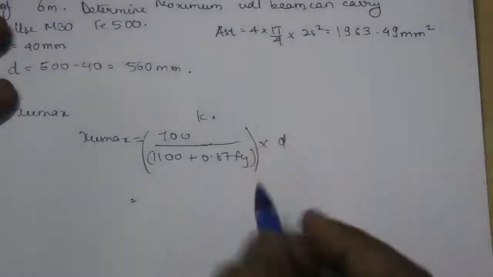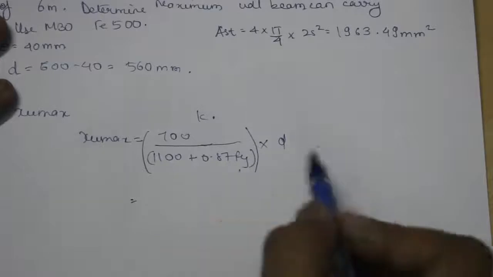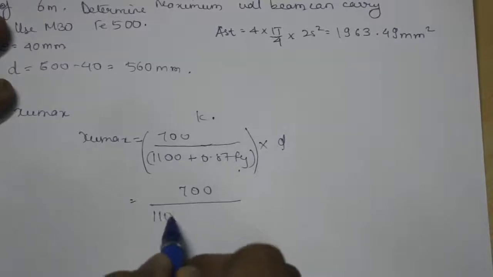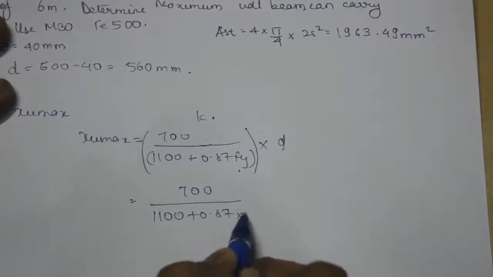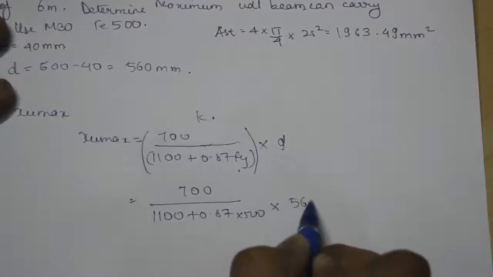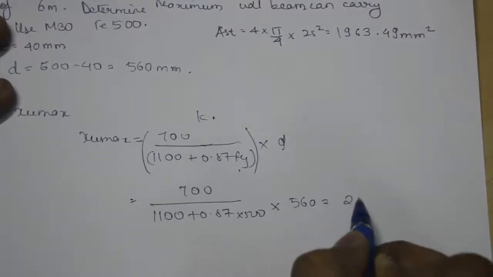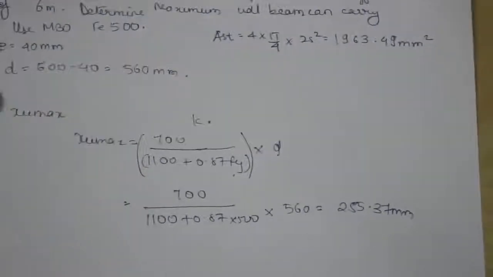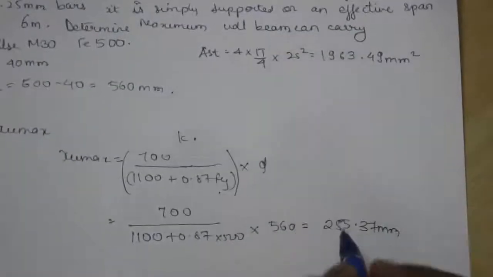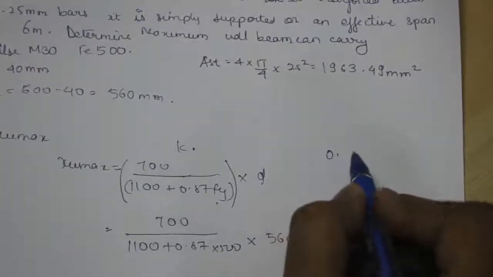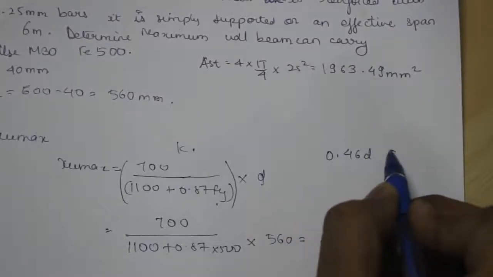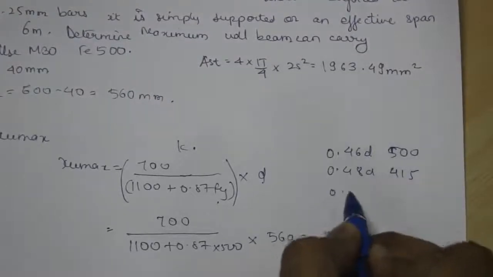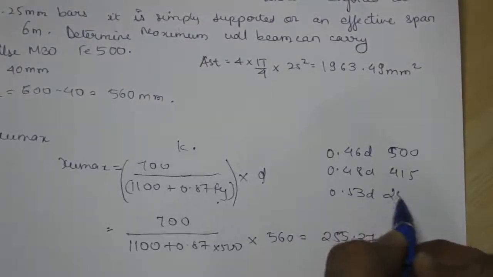If you put all the values here, the grade of steel is Fe500 and the depth is 560 mm, so that is 255.37 mm. If you don't want to do these calculations, you can remember some quick values, that is 0.46 d for Fe500, 0.48 d for Fe415 and 0.53 d for Fe250.